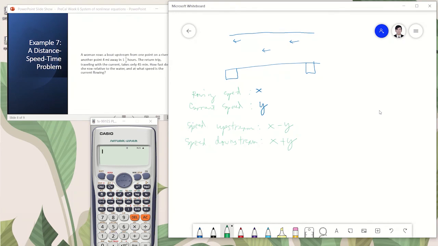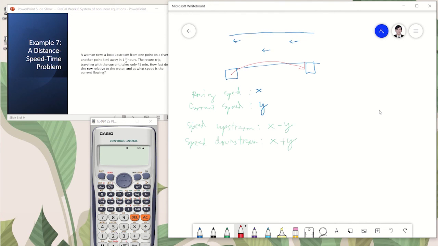I will just repeat it again just to be sure that you really understand it. The speed upstream is the woman's speed when she goes from this point to the other, against the current, so she will become slower. That would be x minus y.